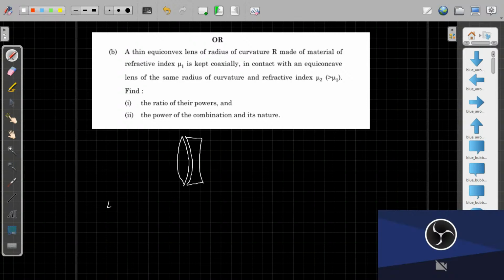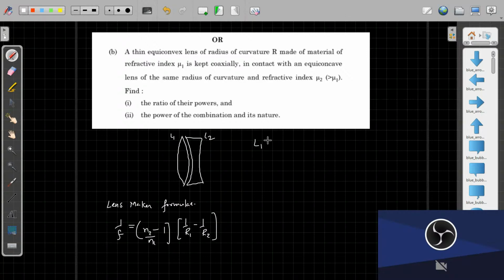So we know from the Lensmaker's formula. Don't go without knowing the Lensmaker's formula. So what is the Lensmaker's formula? 1 by f is equal to (n2 by n1 minus 1) times (1 by r1 minus 1 by r2). So now for the first lens, I'll call this L1, and we'll call this L2.